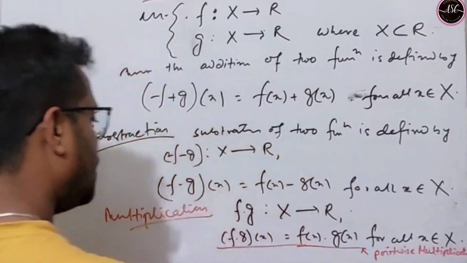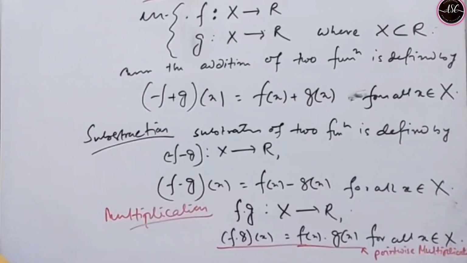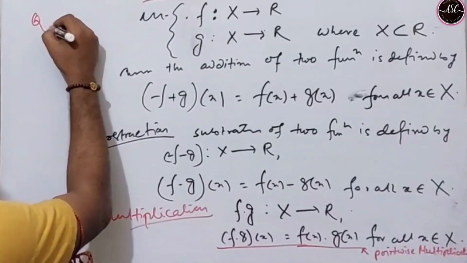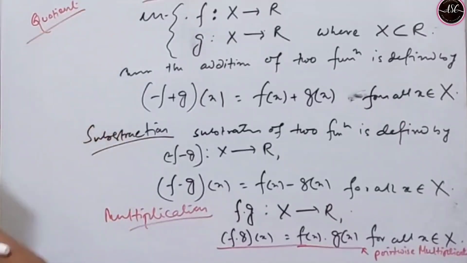Okay, now we have only one left, that is the quotient of two functions. What is the quotient of two functions?